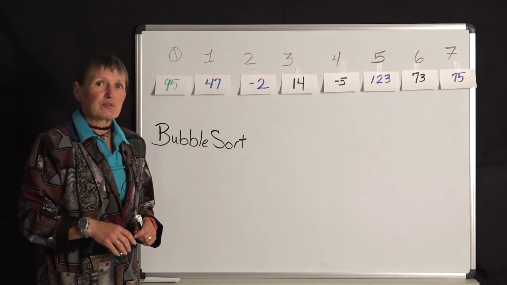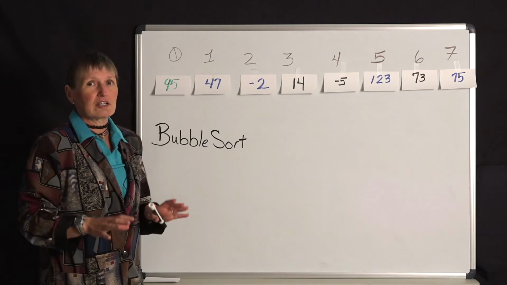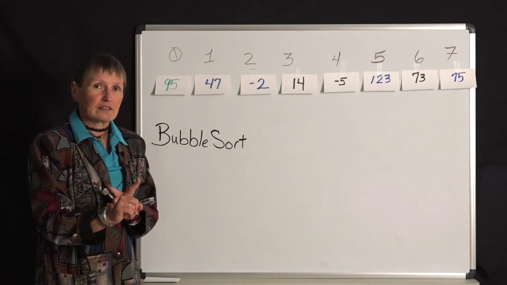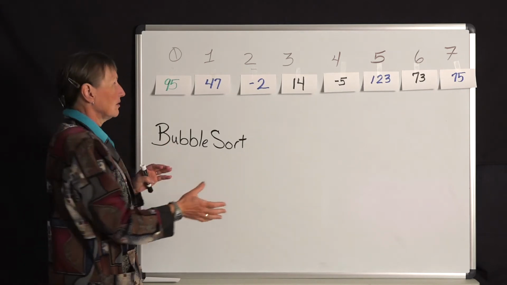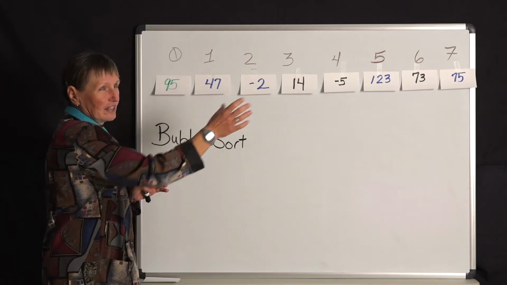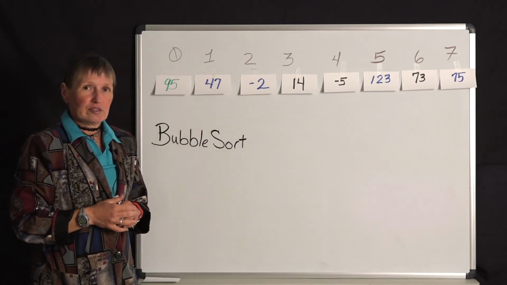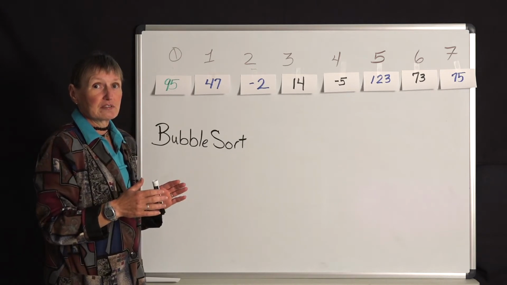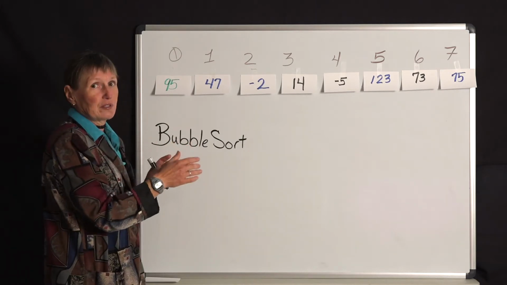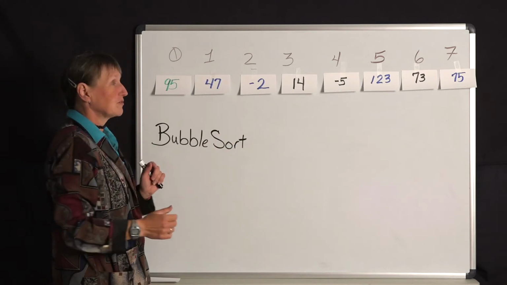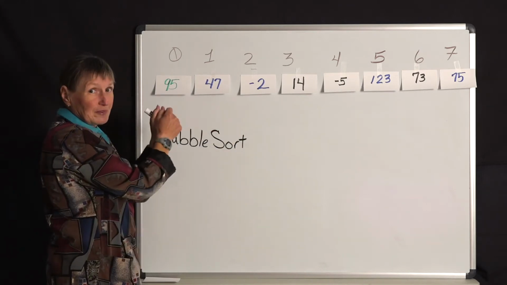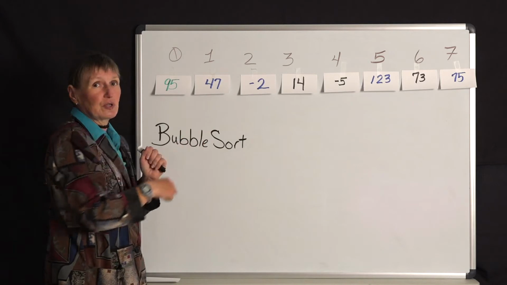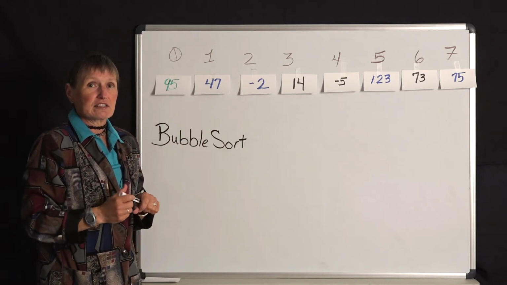It can only look at one comparison between 2 elements at a time. The algorithm for the bubble sort says, compare 2 items, put those in the appropriate order, go through the entire list. If you have to swap them, you have to go through the entire list again.